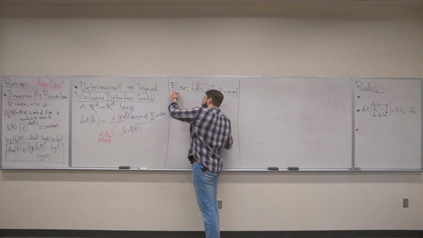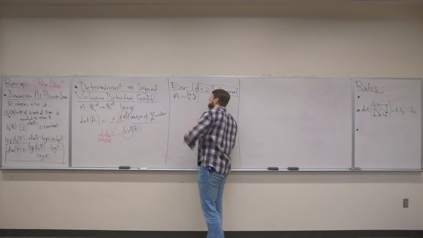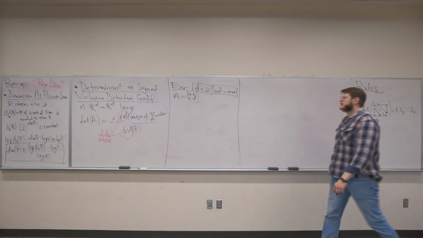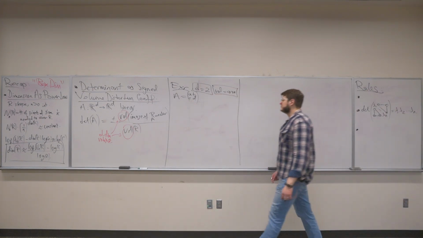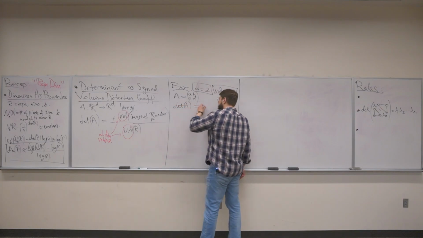And if I were to take a 2×2 like this, ABCD, we know that its determinant is AD minus BC. We had this algebraic formula.